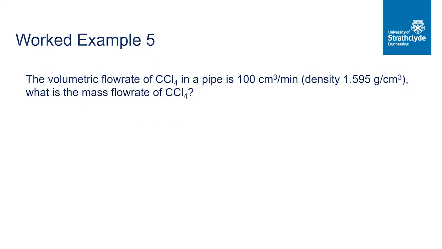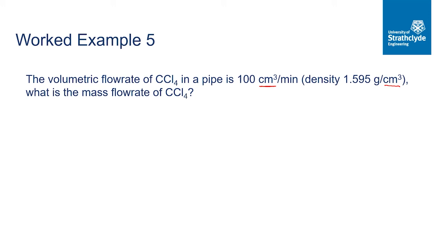In this question, we were asked to determine the mass flow rate of our carbon tetrachloride once again, if we are given the volumetric flow rate and the density. Now, one thing you'll note here is that we have consistency with our centimeters cubed in both our volumetric flow rate and our density.